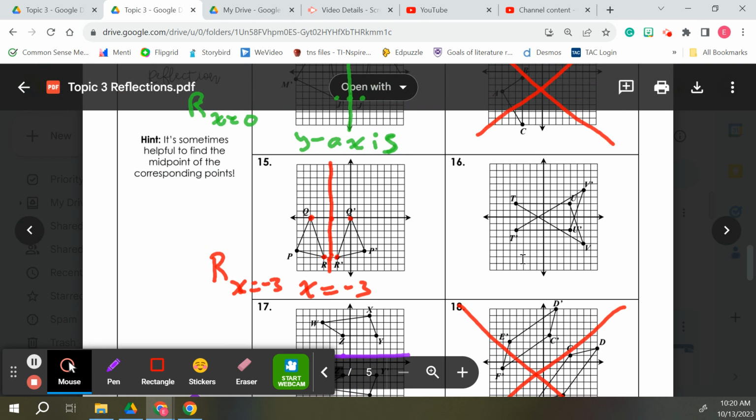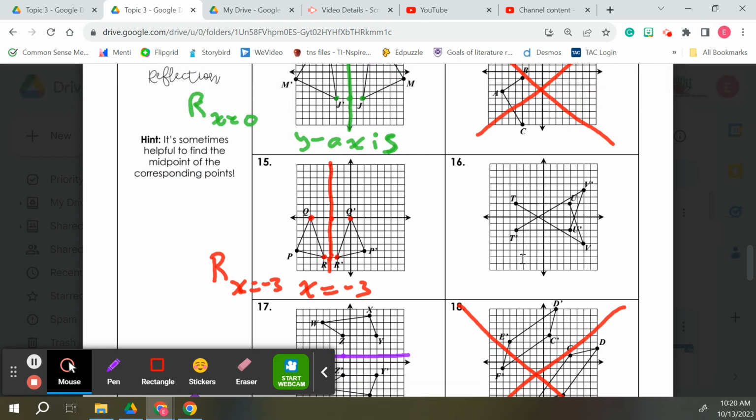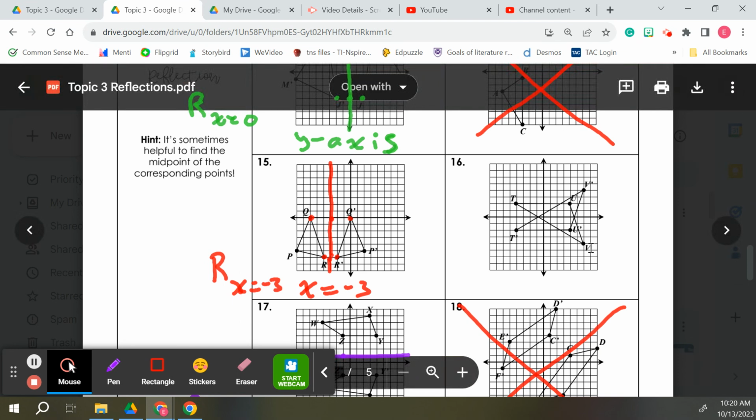All right, now 16 looks a little funky, right? Because it's overlapping. And actually, that happens from time to time. Shapes will overlap on a line of reflection, okay? But the concept is still the same. We got to pick a letter, look at the pre-image and the image, and then still find that distance and divide it by 2. Okay, so V is like the furthest apart and probably the easiest to see.